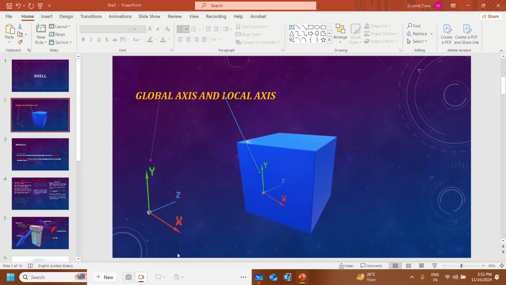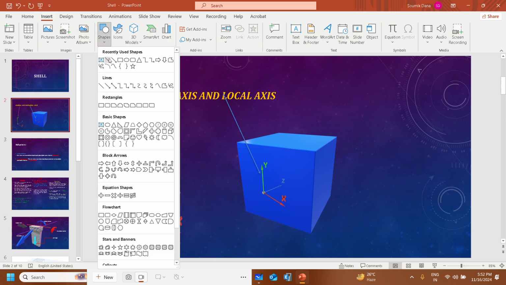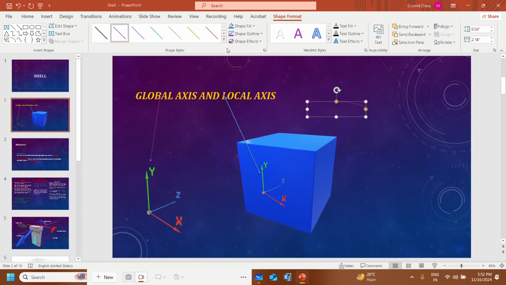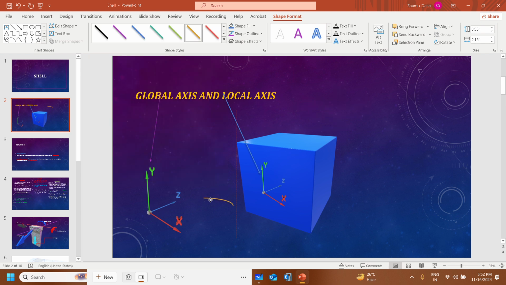That means in case of membrane, only this force and moment will exist. Only if suppose only this moment exists, only this moment exists.